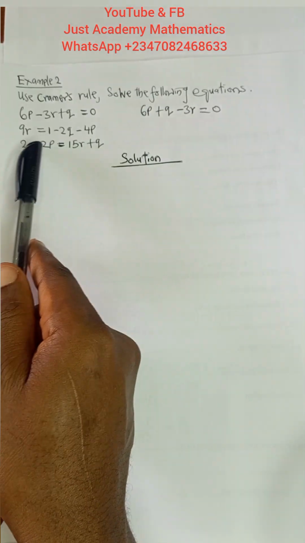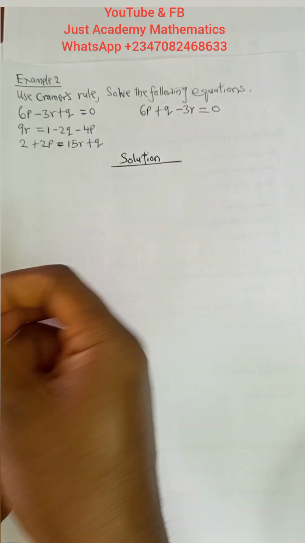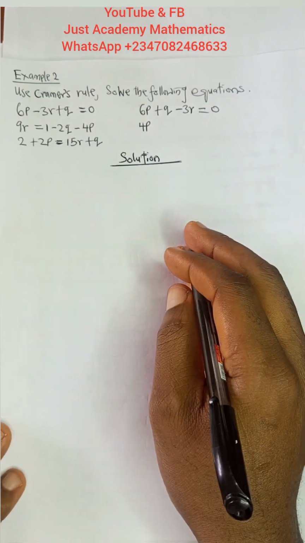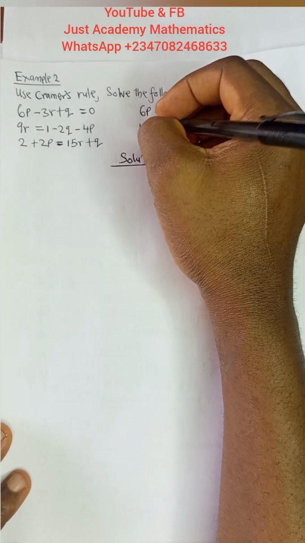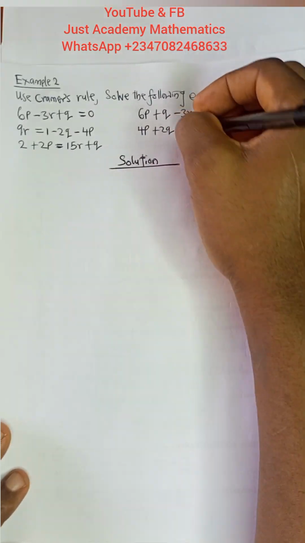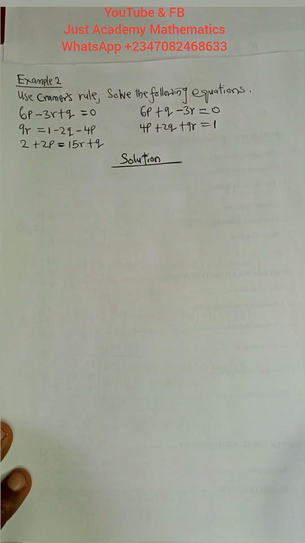Let's do the same for equation 2. Starting with P, that means this 4P has to come to this other side. That will give us plus 4P, because it's minus over there. Plus 4P plus 2Q plus 9R is equal to 1. That is equation 2.